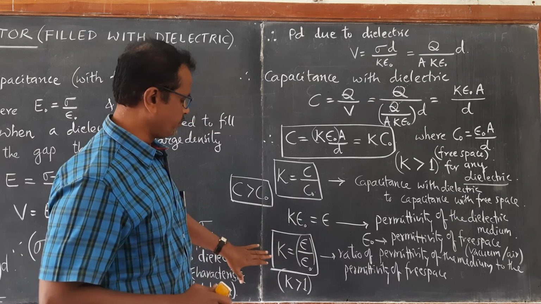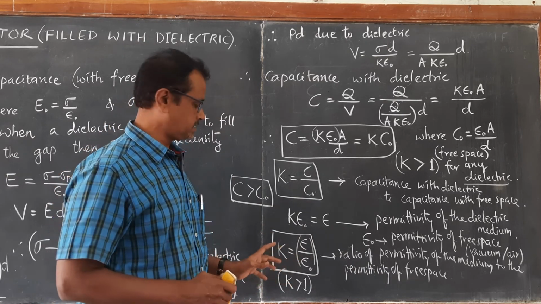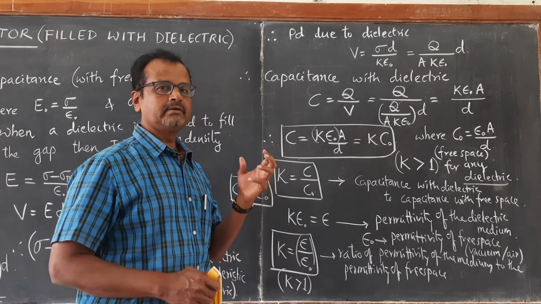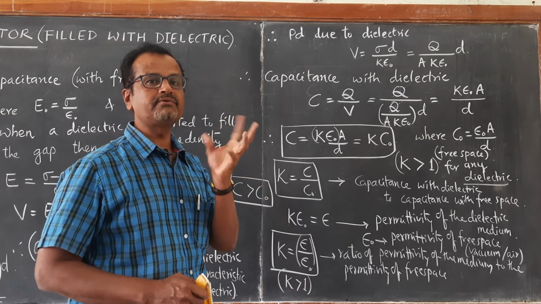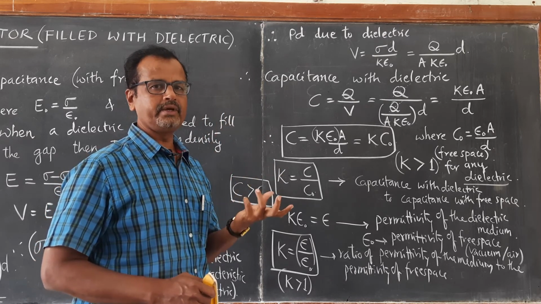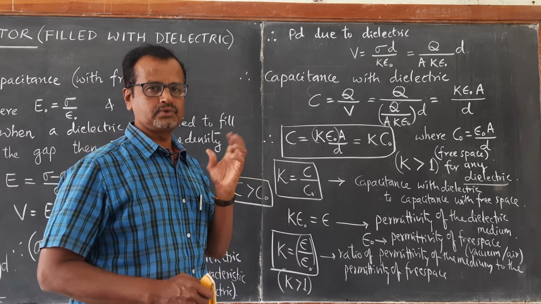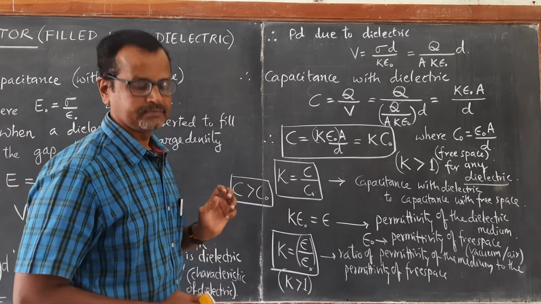So, that is how we can analyze with the help of the dielectric constant of the medium. So, the effect of dielectric between the 2 point charges reduces the force of interaction. In the same way, the effect of dielectric about a source charge reduces the electric field also. Let us see.